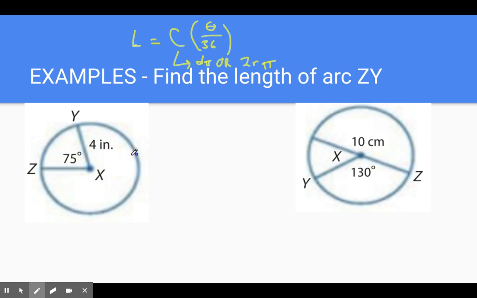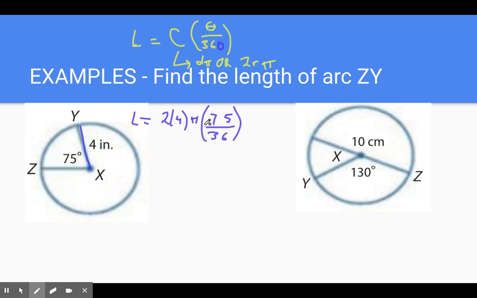So the length is circumference times theta divided by 360. Sorry about that. So the circumference of this, this is a radius, so that means the radius is 4, which means that would be 2 times 4 times pi times theta. The angle here is 75 degrees divided by 360.